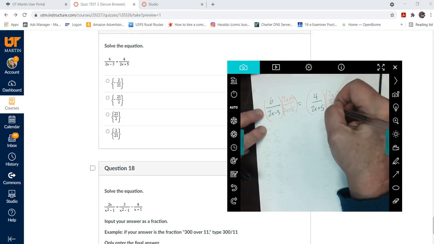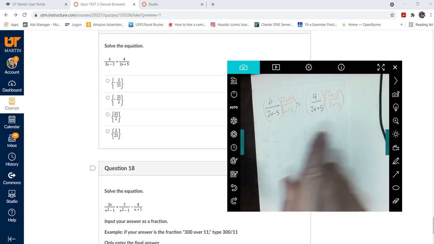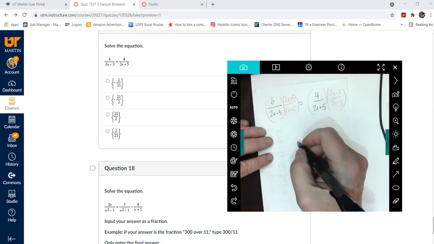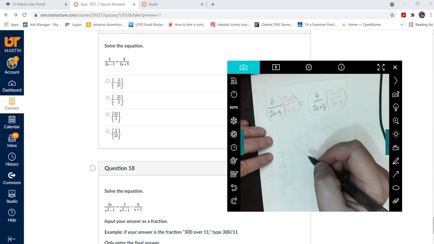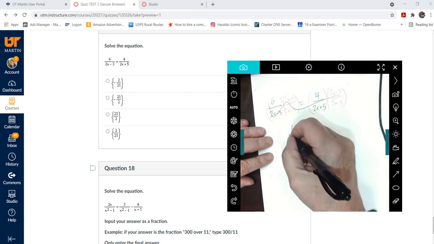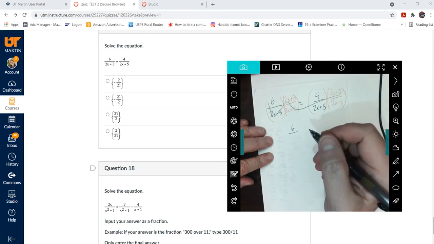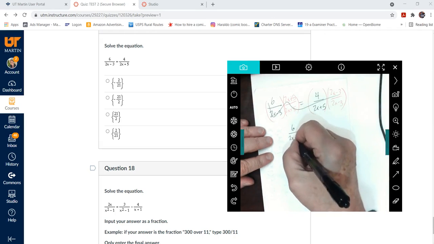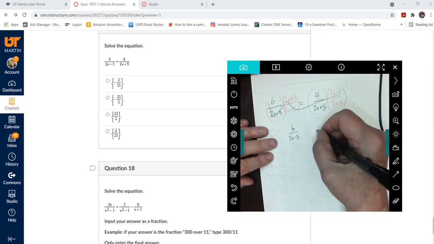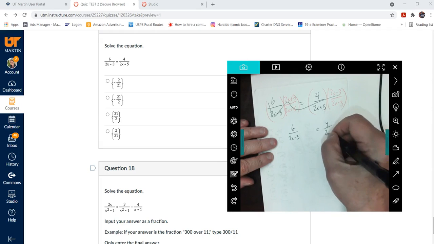Or you could cross multiply. So this is going to give me, no, I think I'll cross multiply. Or I can get rid of the fraction.